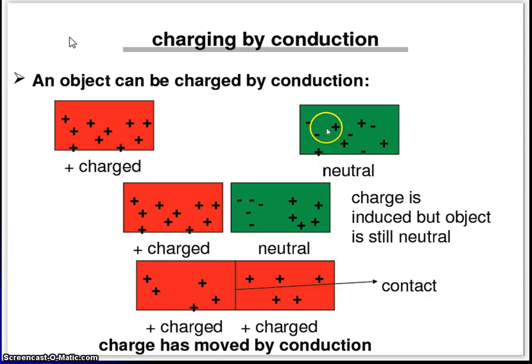This is neutral because the positives and negatives equal out. Even though they're near each other, we still don't have a charge transfer, because this object is still neutral. And then, when they come into contact, you get the transfer of the charge, and now both objects are charged. So you have your green object, which was neutral, has been charged through the direct contact.